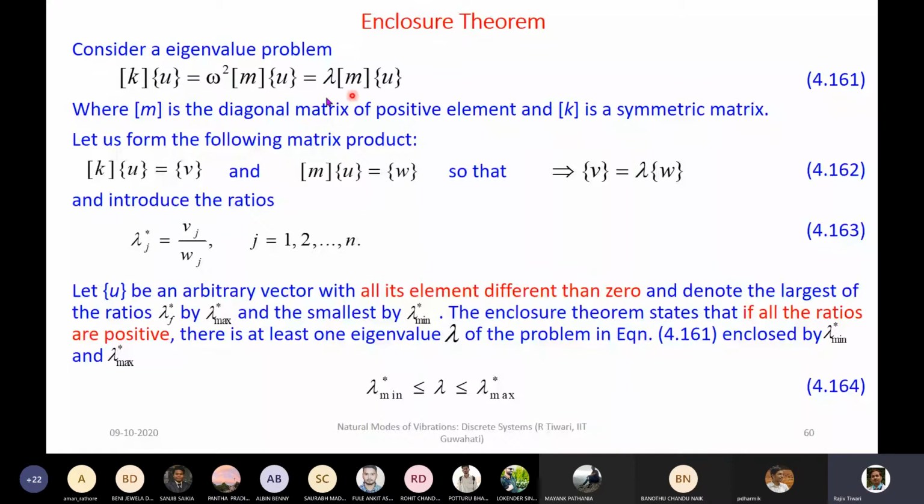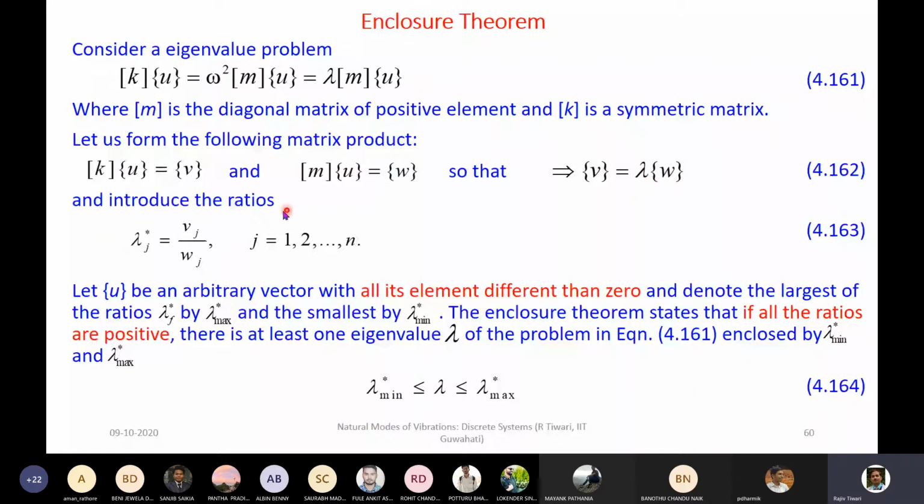I'm defining the multiplication of K with u as v, and mass into u as w. So this equation simplifies to v equals lambda w, where v is K u and w is M u.